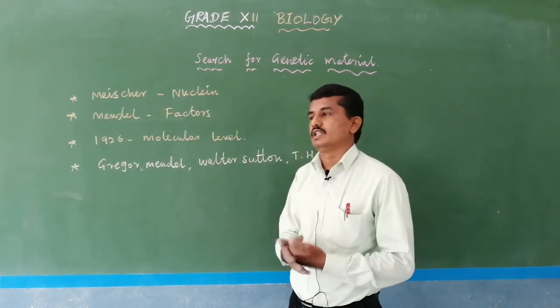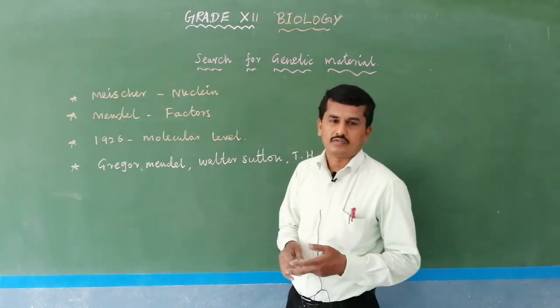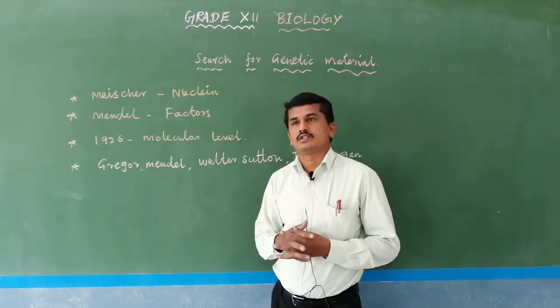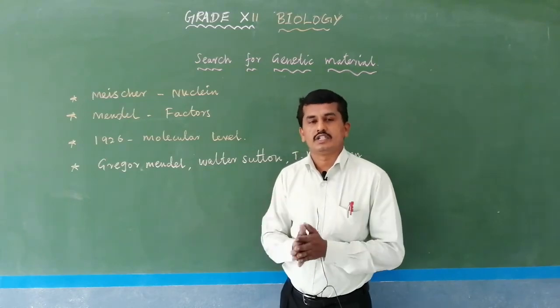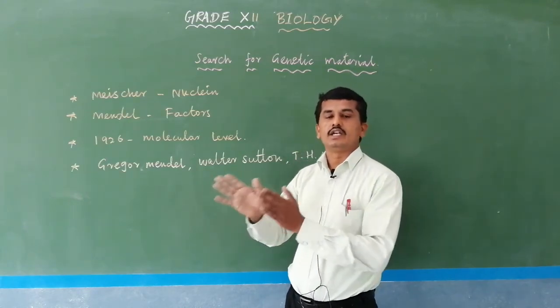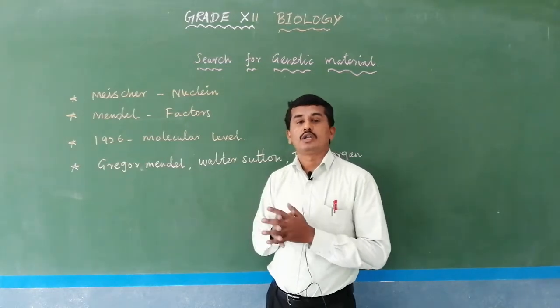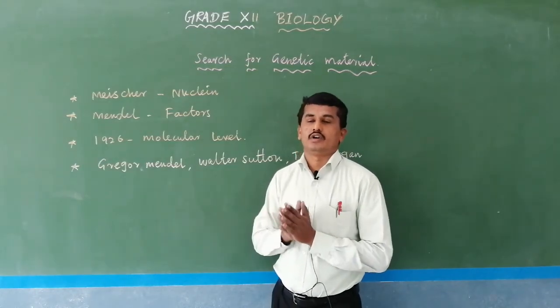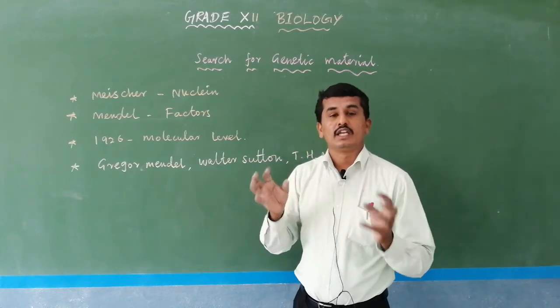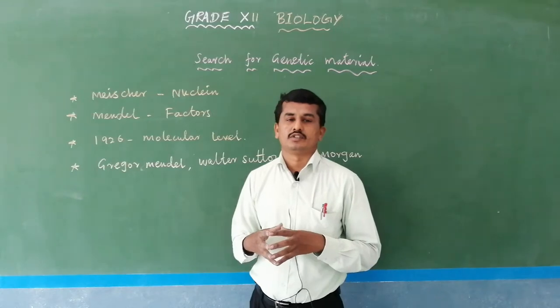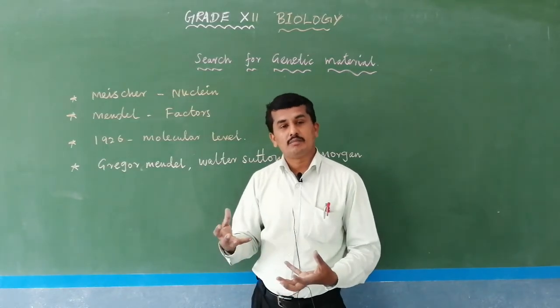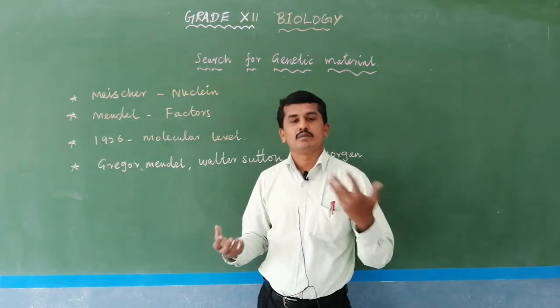So from Mendel's 1865 through the next 40 to 60 years, research related to the genetic material moved directly to the molecular level in the nucleus. In which part of the nucleus is the genetic material present? It may be protein, or DNA, or RNA.